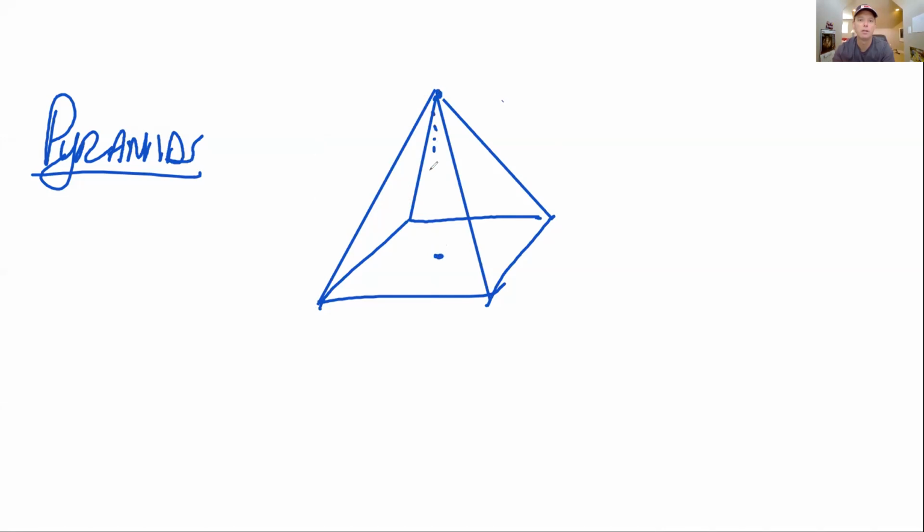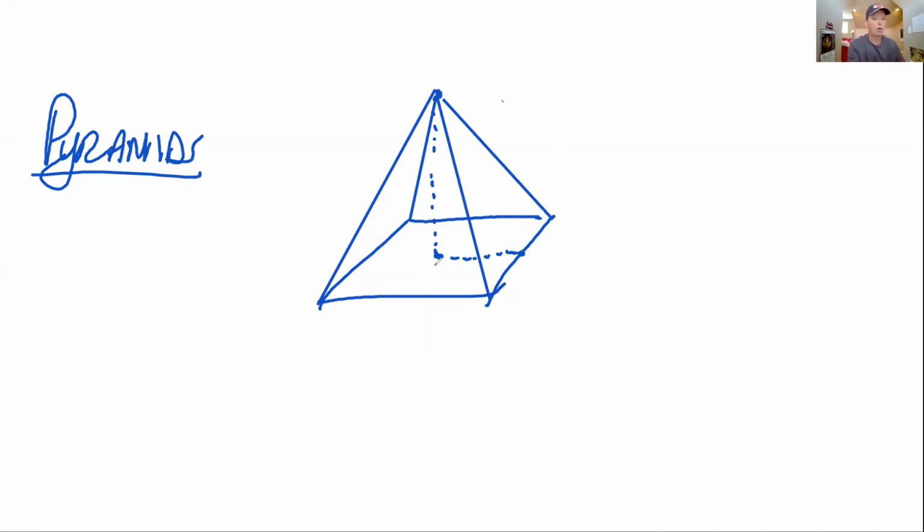It's going to be like right in the center of the pyramid. Does that make sense? So it's like I'm dropping a rope straight from the top of the pyramid down to the bottom. And this spot right here is the exact center of that square, okay?